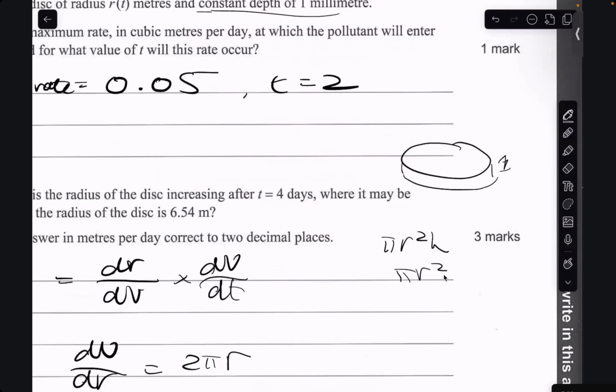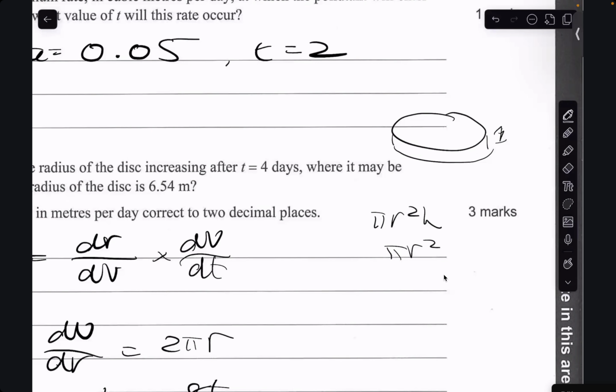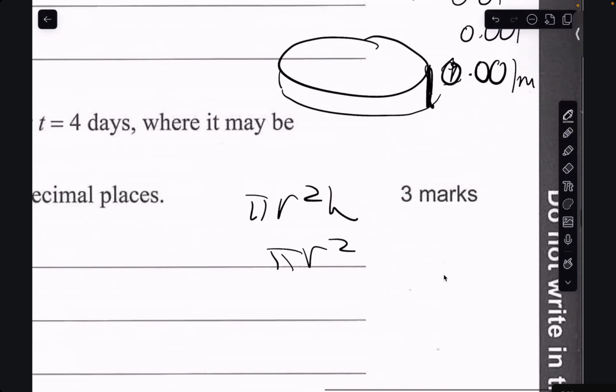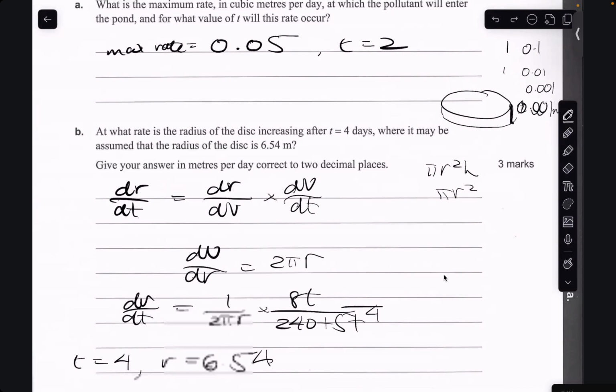So how many meters is that? 1 millimeter is 0.1 centimeters, and then 1 centimeter is 0.01, so I think it's 0.001. That is the height in terms of meters. Let's just check my conversions. To convert to centimeters I multiply by 100, 0.1 centimeters, and then to millimeters, that's 1 millimeter. Okay.